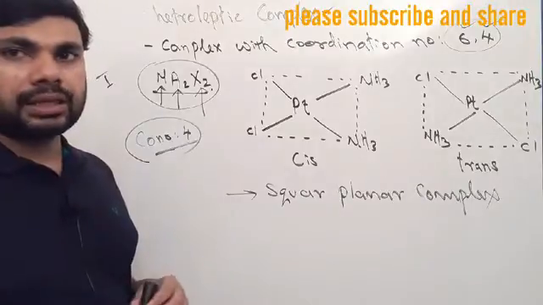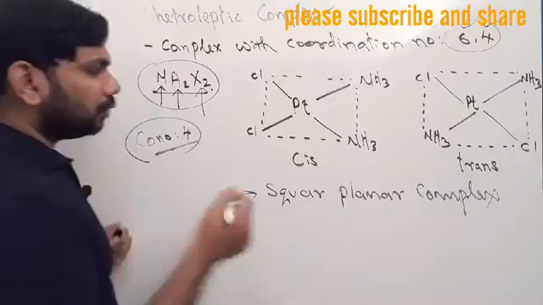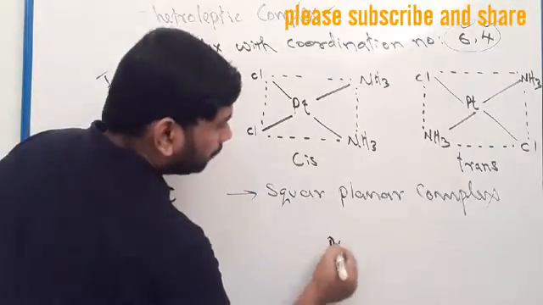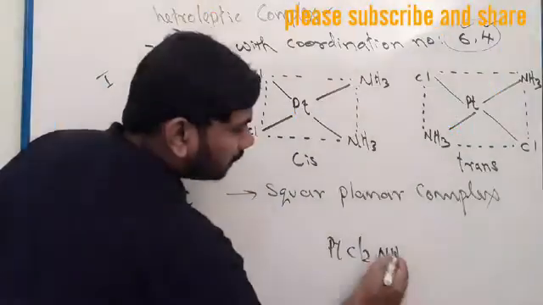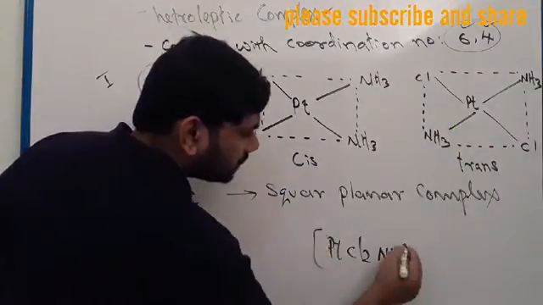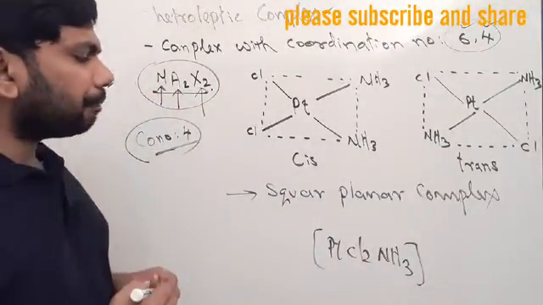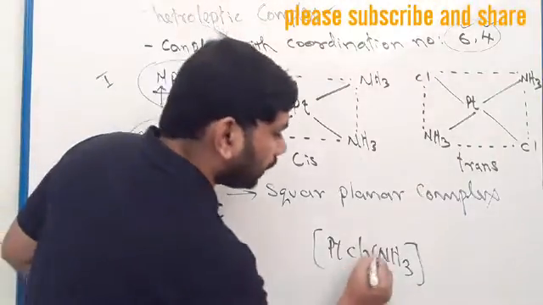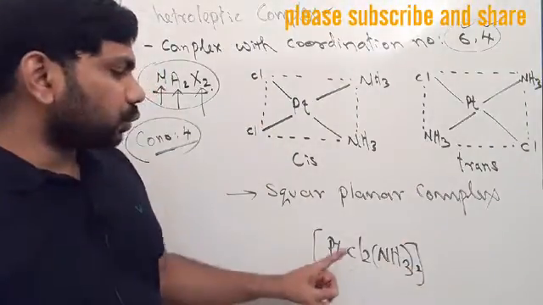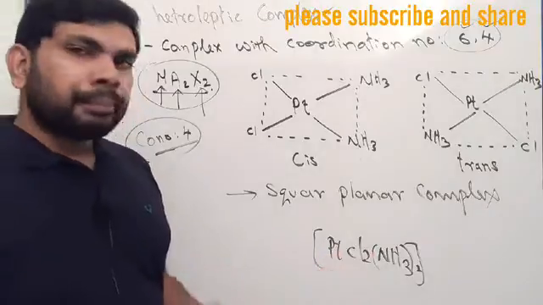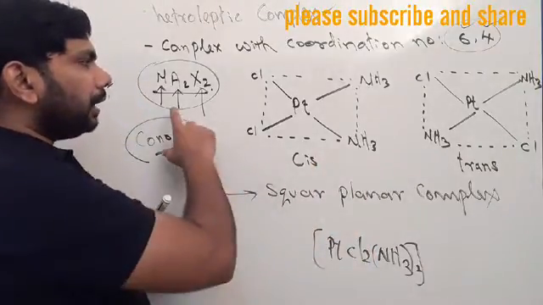An example for this, look here, platinum Cl2 (NH3)2. This is one example for Ma2X2.